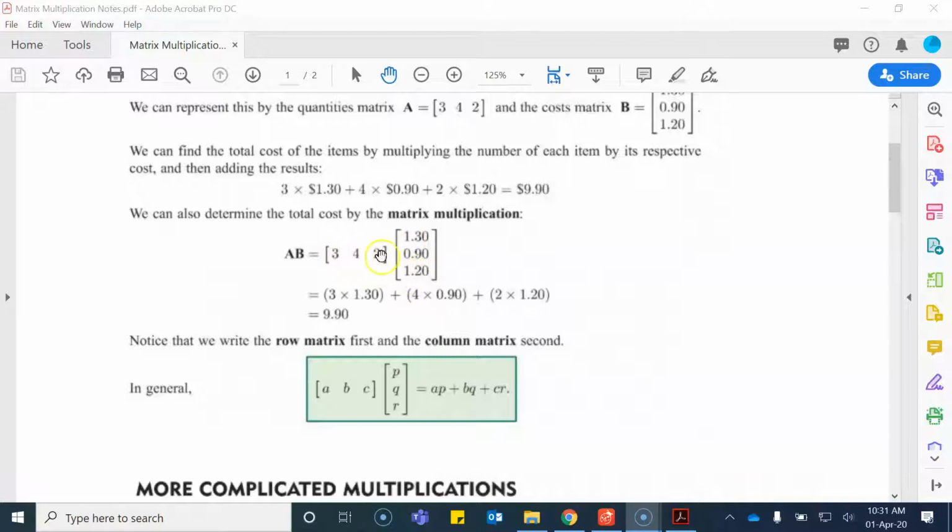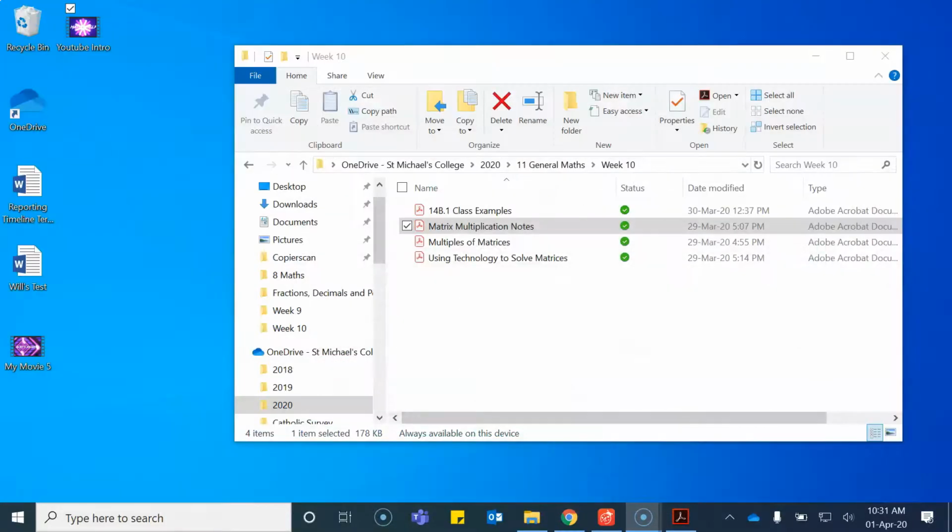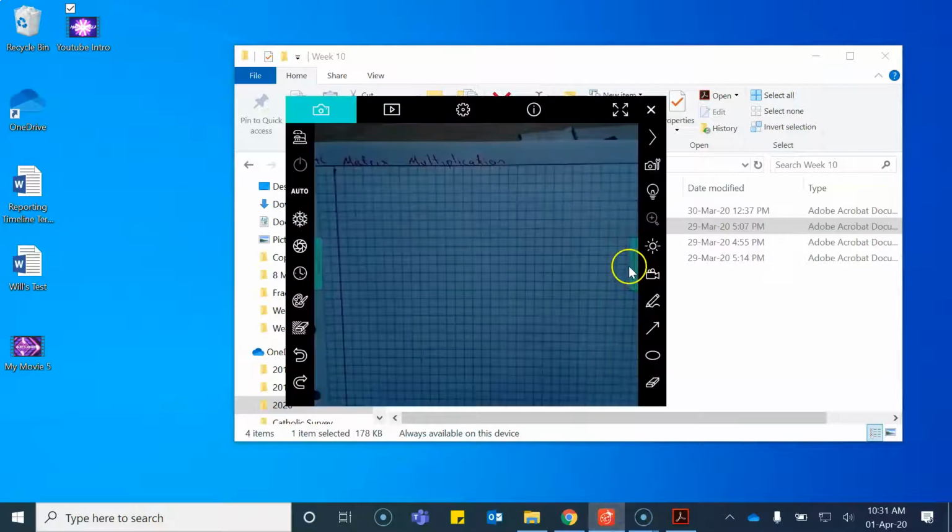So see how they've gone 3 times 1.3, then they've added 4 times 0.9, and then they've added 2 times 1.2. So we'll just go through it a bit slower here.